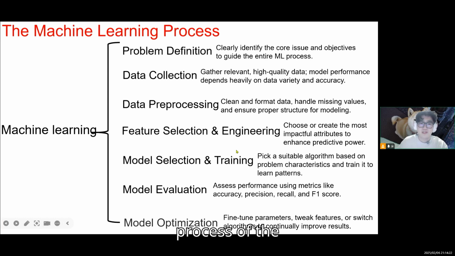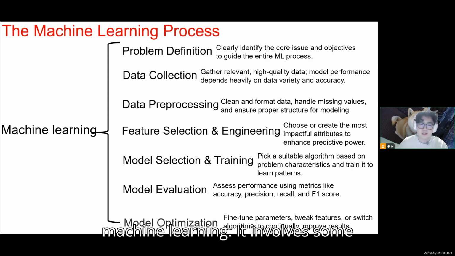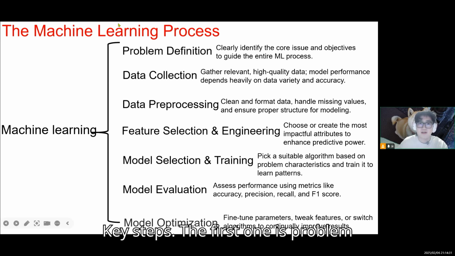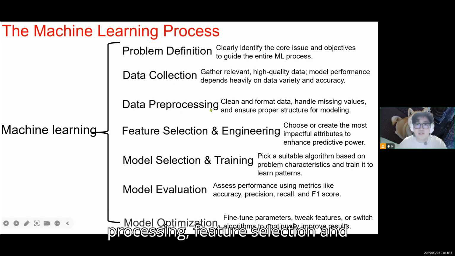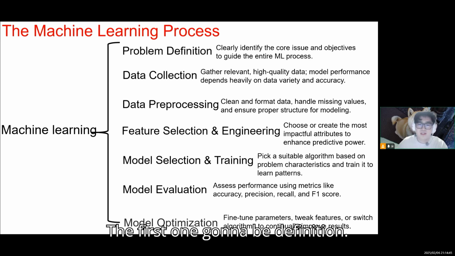Here is the full process of machine learning. It involves some key steps. The first one is problem definition, data collection, data processing, feature selection and engineering, model selection and training, model evaluation, and model optimization.